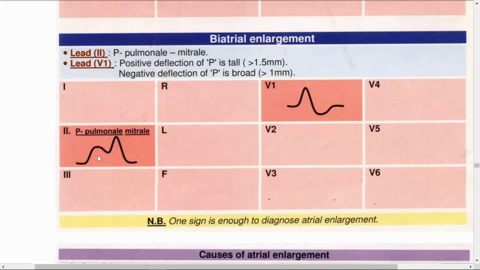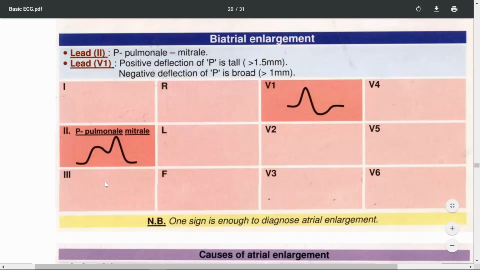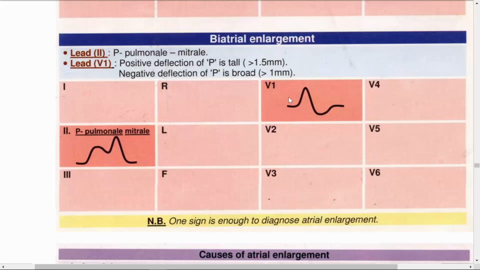So this alone is biatrial enlargement. And here, the height of the positive deflection is more than 1.5 and the negative deflection more than 1 by 1. So this alone is biatrial enlargement.